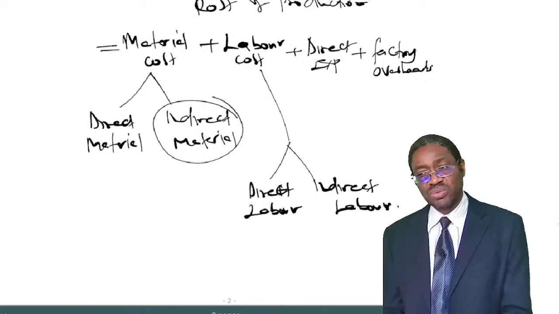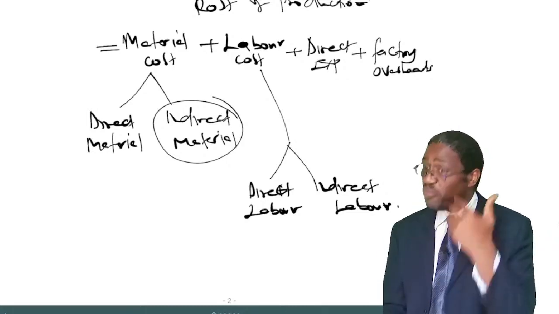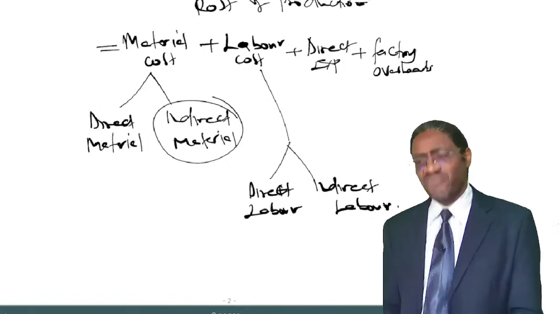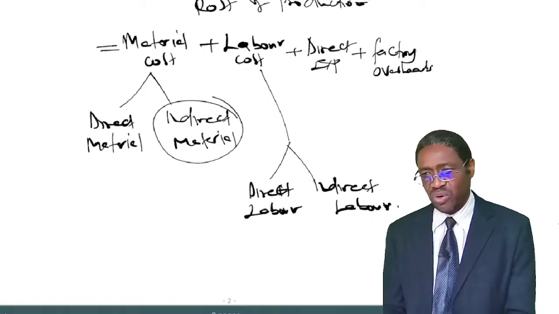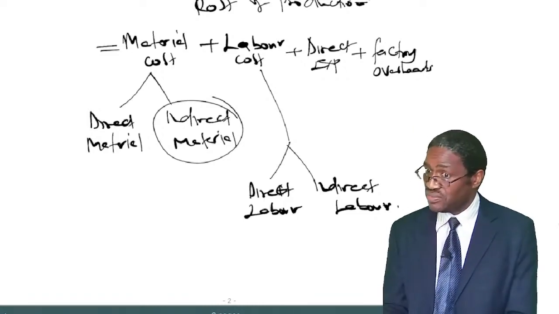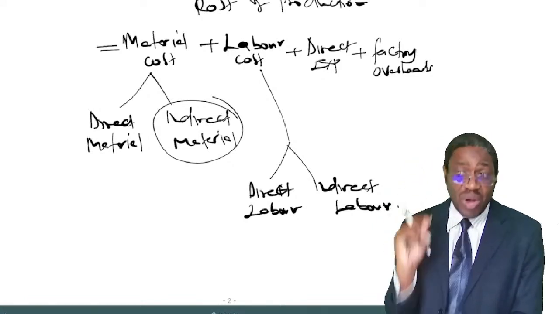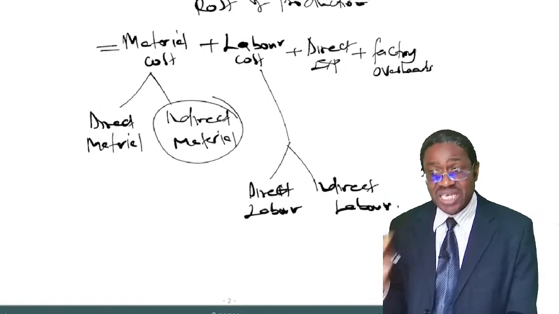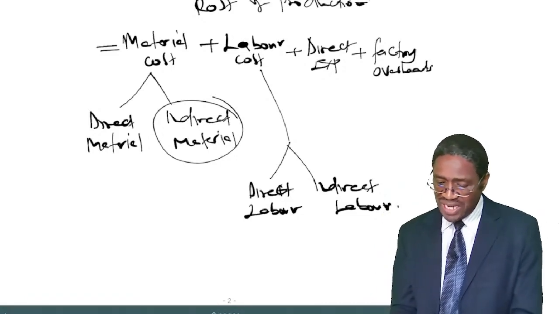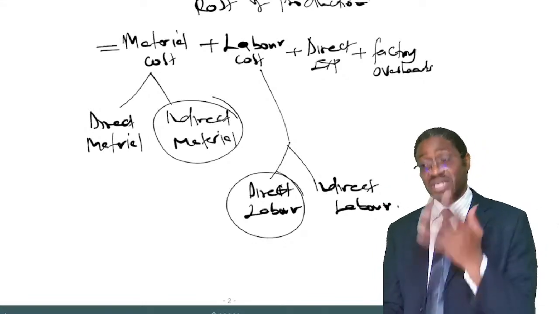I told you direct labor is that labor cost or the wages you pay to the workers who are directly involved in the manufacture of whatever you are manufacturing. Any cost or wages you pay to the workers who are directly involved in the manufacture of whatever you're manufacturing, that kind of labor is what we call the direct wages or direct labor.